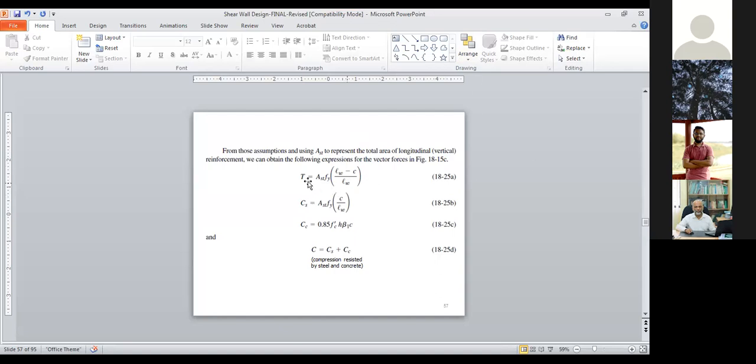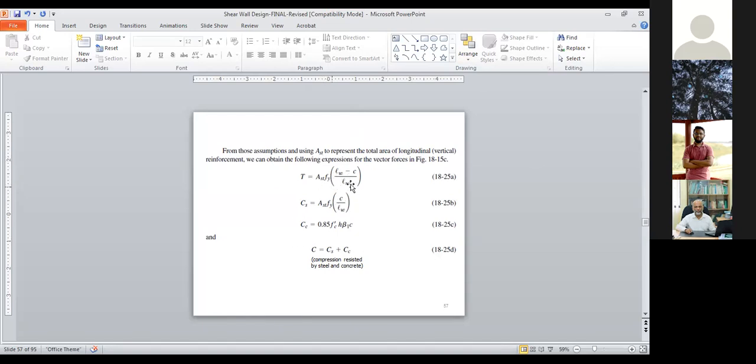How can we get the tension in steel? Ast is the total area of the longitudinal steel. You can see here, Ast is the total amount of the longitudinal steel. If I multiply it with Fy, I get the total force coming from the longitudinal steel, is it not?